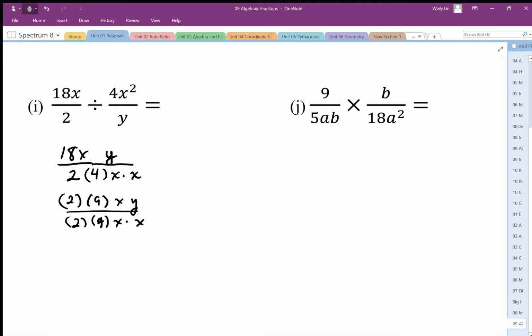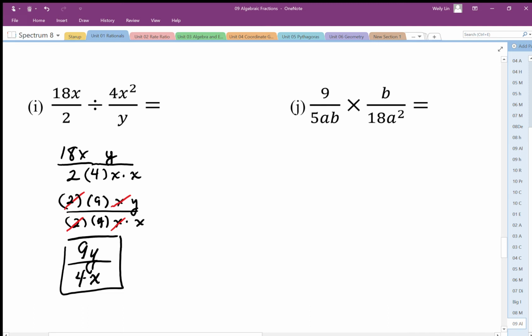Okay, the 2's are common, so we can times 2 divide 2 cancel, times x divide by x cancels. So then I just combine all the top, times 9 times y divided by times 4 divide by x. Okay, so there's my final answer here.